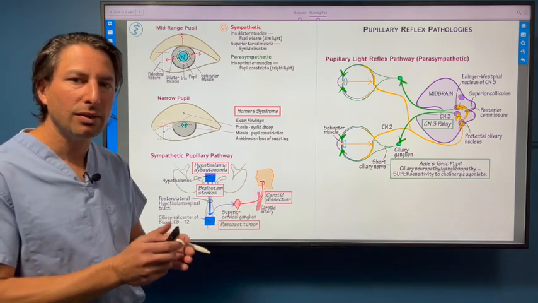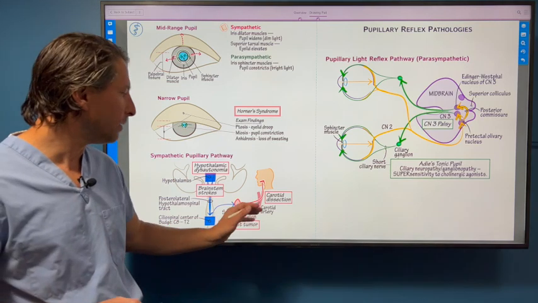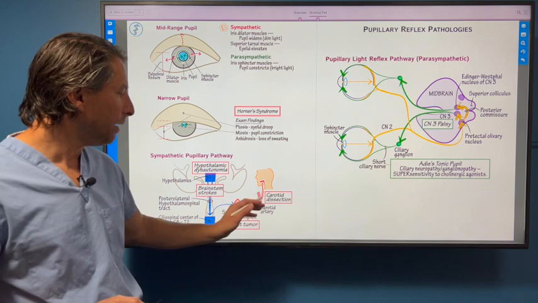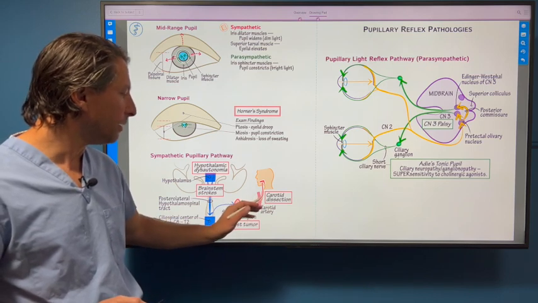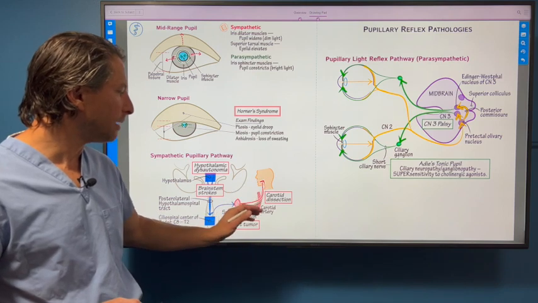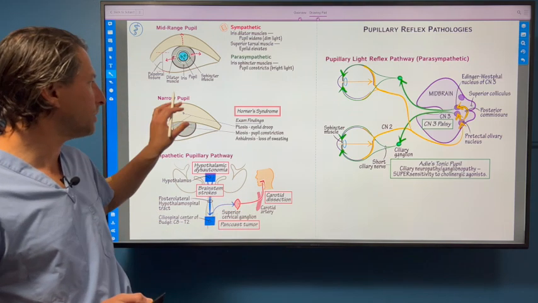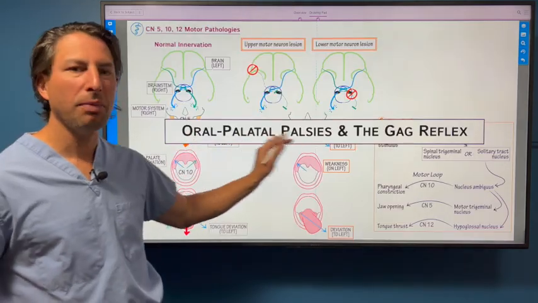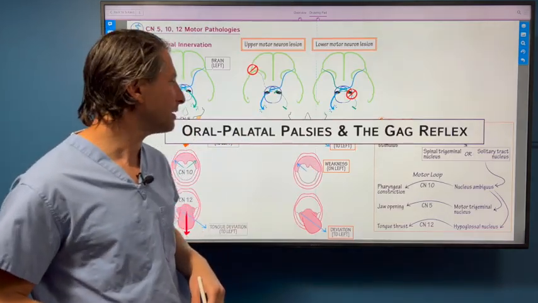With dissection, you get an expansion of the artery, which can cause compression or just tearing of these sympathetic fibers themselves, causing deactivation of the sympathetic fibers and causing this Horner syndrome.